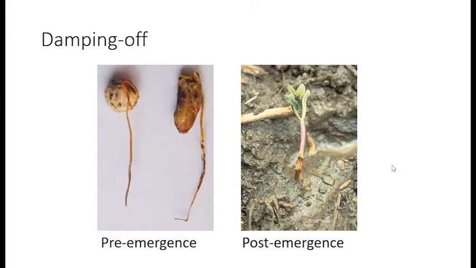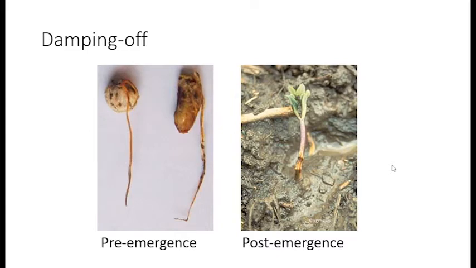The other symptom that we get for this disease is damping off. It could be pre-emergence or post-emergence. With pre-emergence damping off, you get seedlings that do not manage to come through the soil, obviously. In many cases, they produce these dark patches on the seed, if you can find the seed. In many cases, you cannot find it because it has melted into the soil, right?